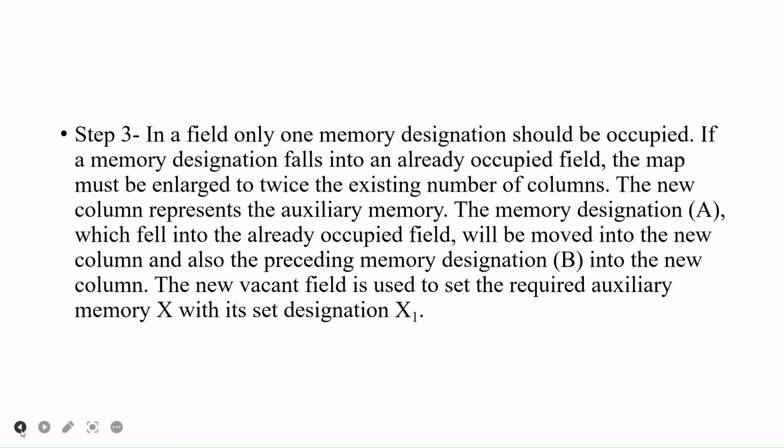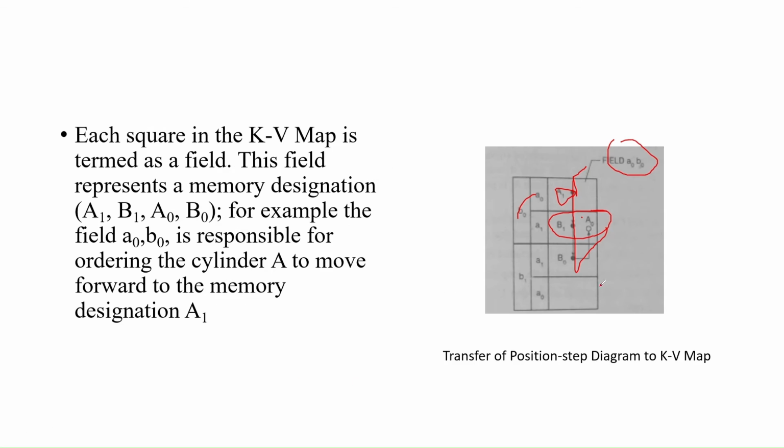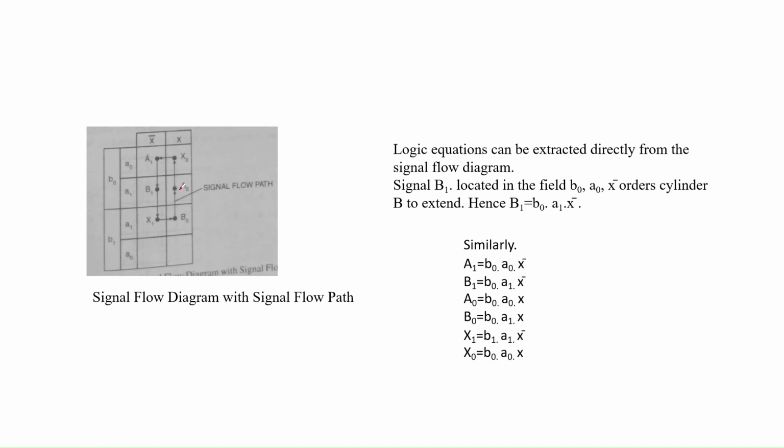So the memory designation represented here, this A0, is moved into the next column. Also, the one preceding A0 is B0, which will also be moved into the new auxiliary memory column we created. This A0 is moved into the next auxiliary column and B0 also, and it is represented as X and X bar.